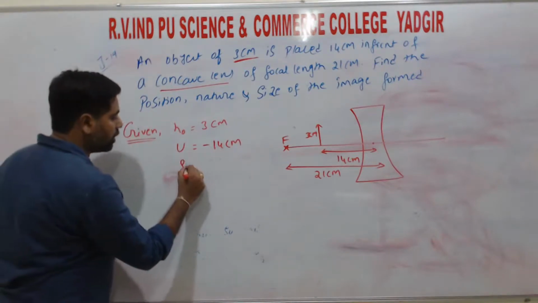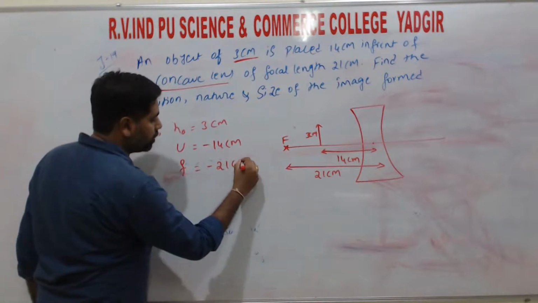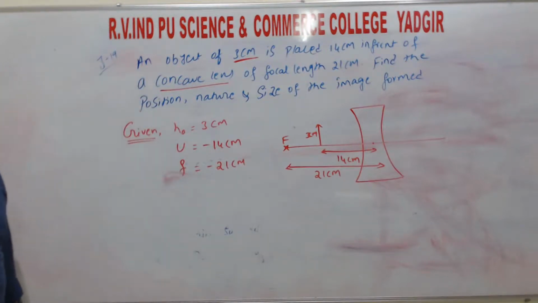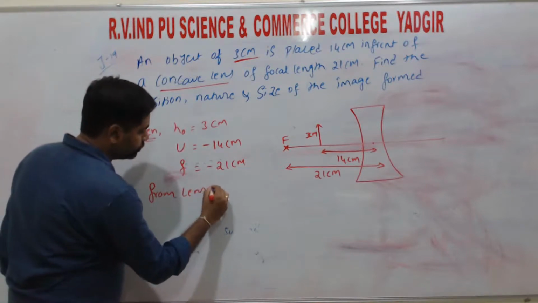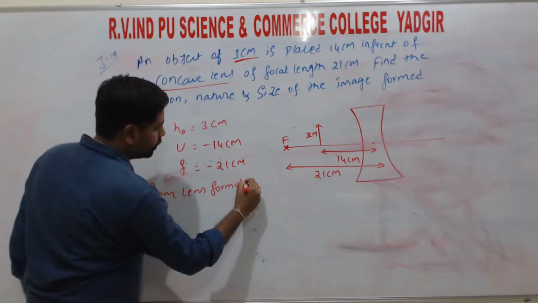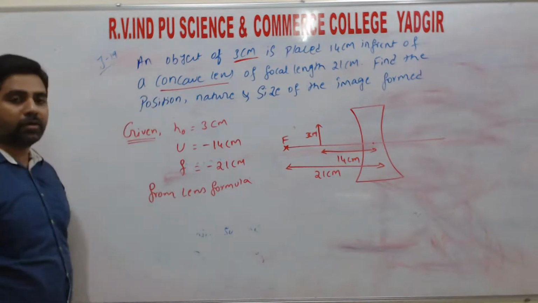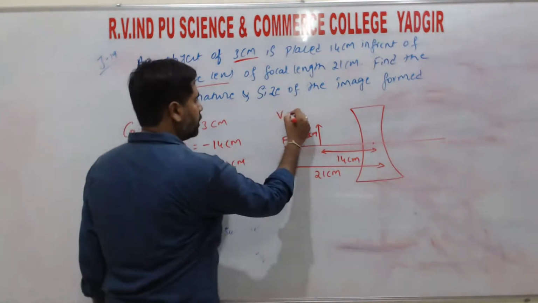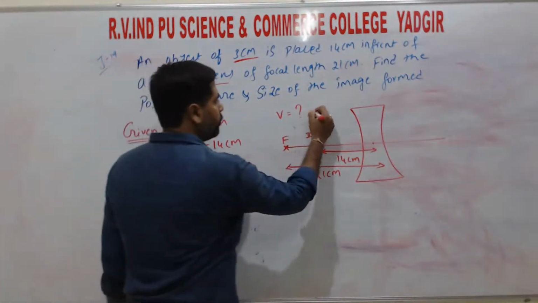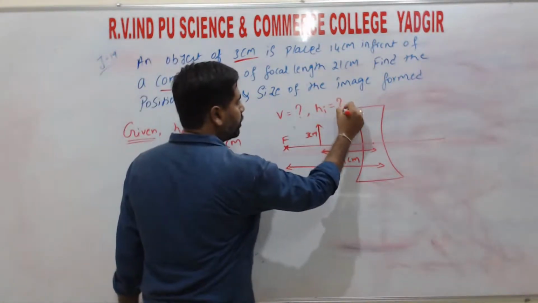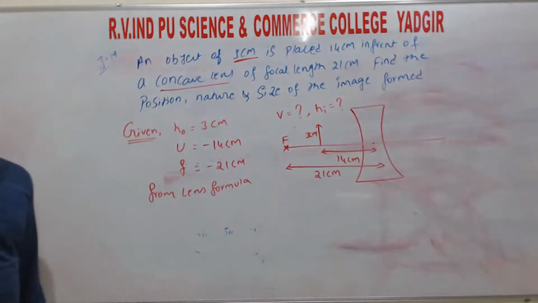Similarly, the focal length f is minus 21 centimeter. So from the lens formula, we need to find the image distance v, the nature, and the size of the image, that is v and the height of the image.